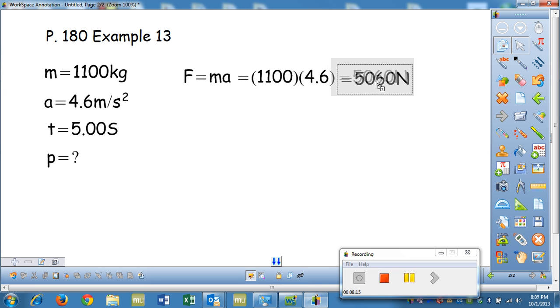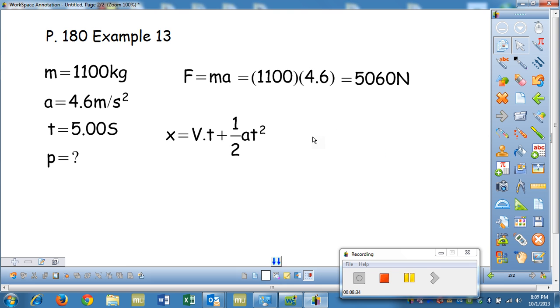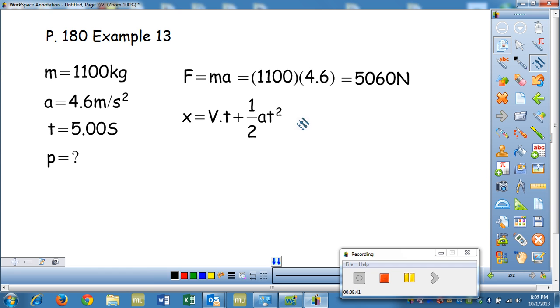We need our distance. Don't forget the old kinematic equations. x equals v0t plus 1/2 at squared. We're starting out not moving, so v0t goes away, and we've got 1/2 at squared.